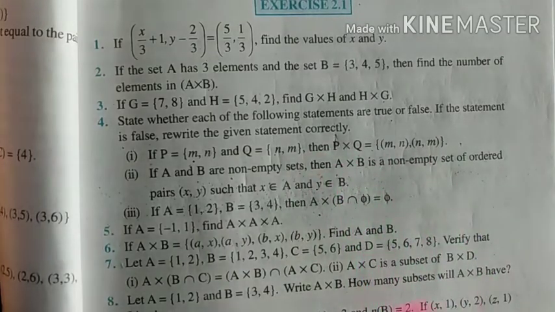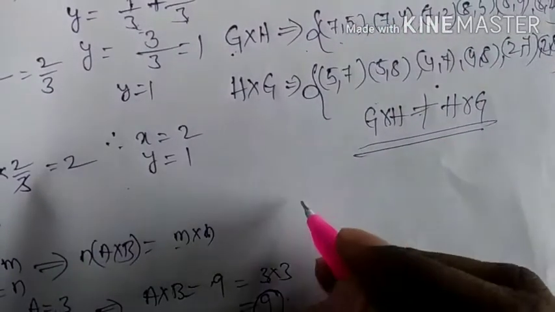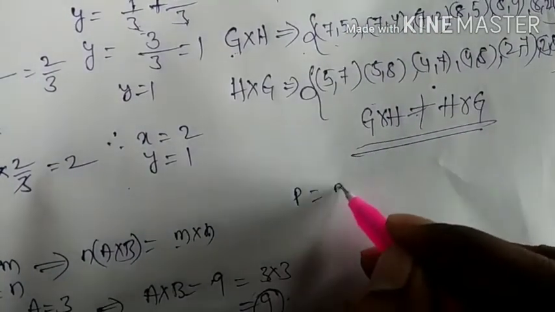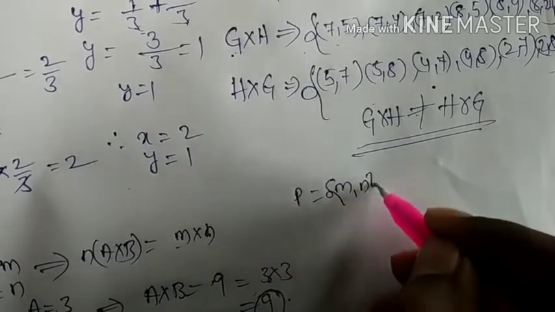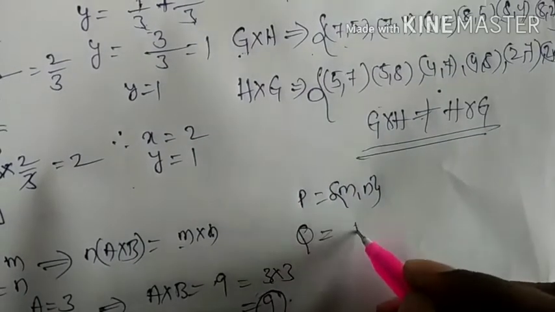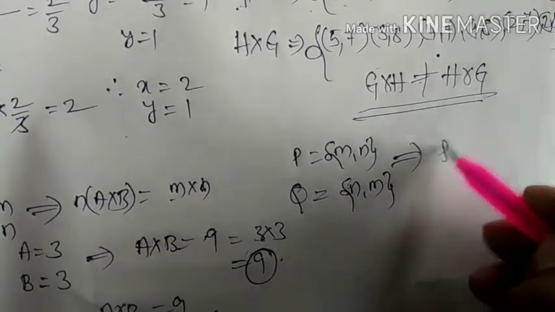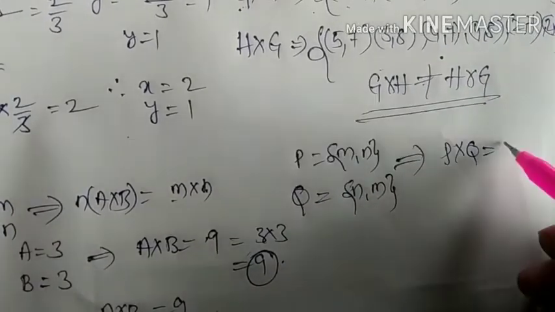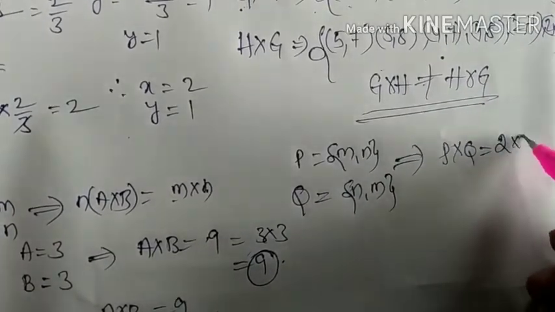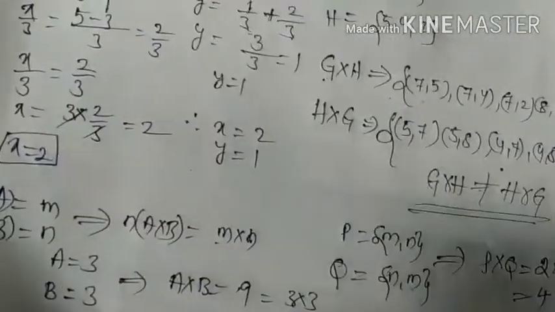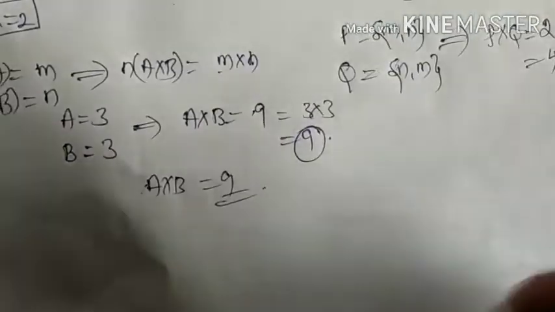For the true statement, let's see. Here P = {m, n} and Q = {n, m}. So simply we know P cross Q has how many elements? 4 elements, because 2 into 2 is 4. So what are those 4 elements? Once look at it.